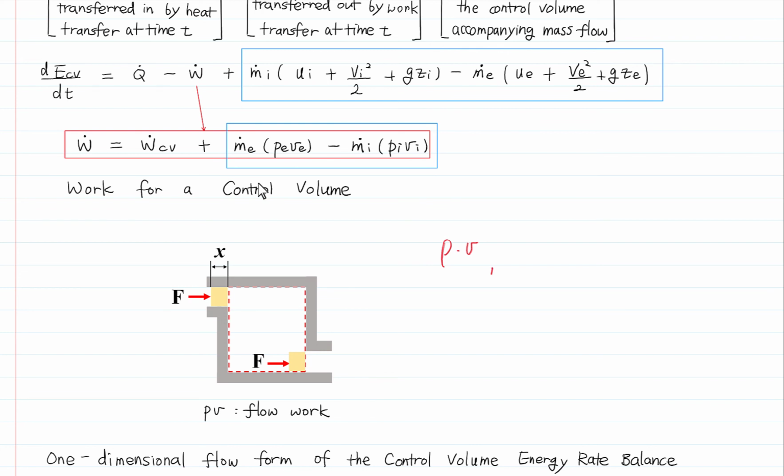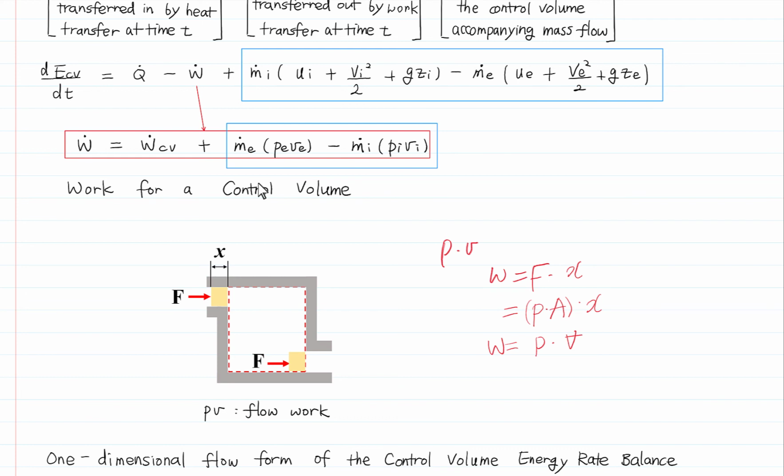We know that work can be expressed as force times displacement. The force in the flow work is the pressure times area, where area is the cross-sectional area of the fluid. So force times displacement, and area times displacement is volume.